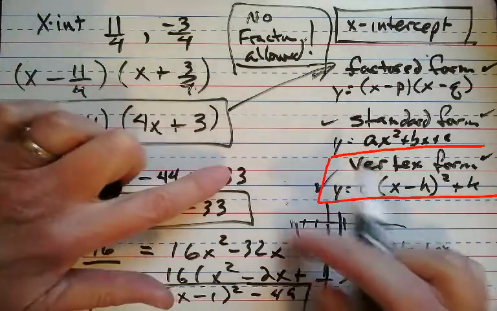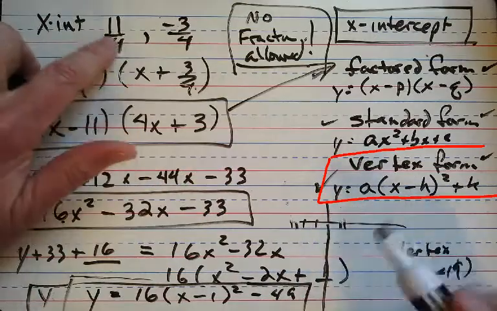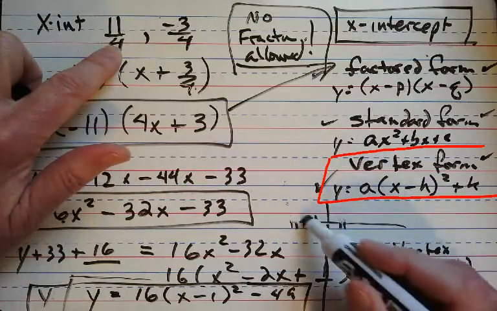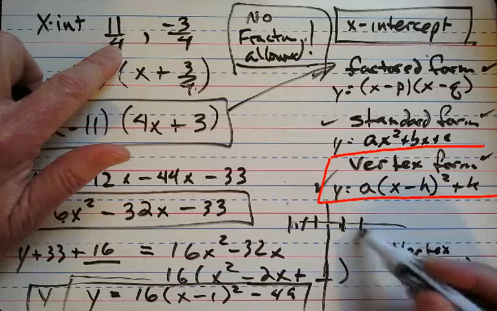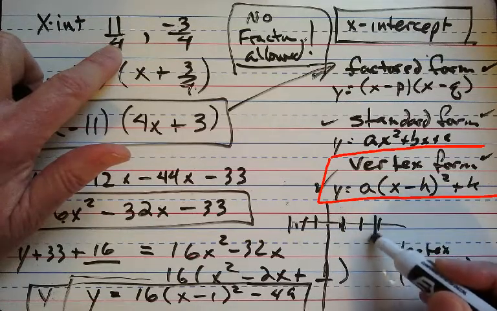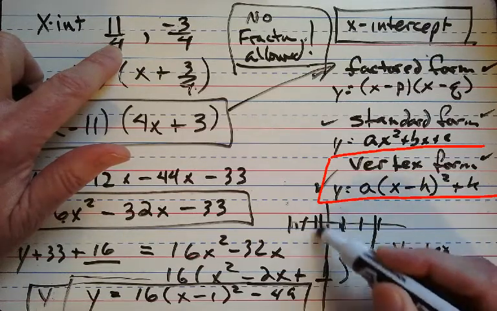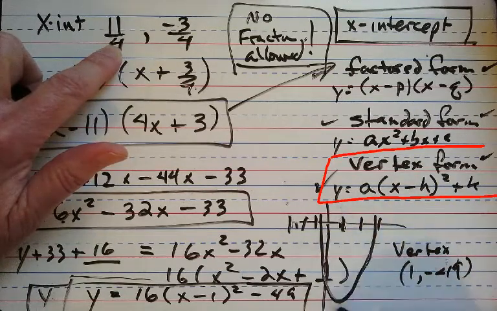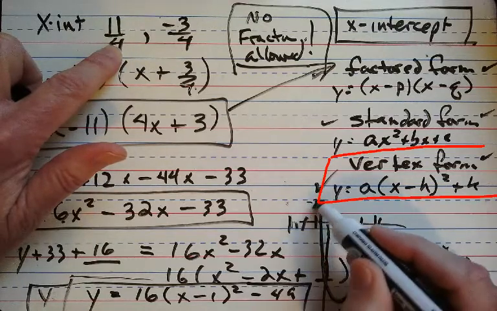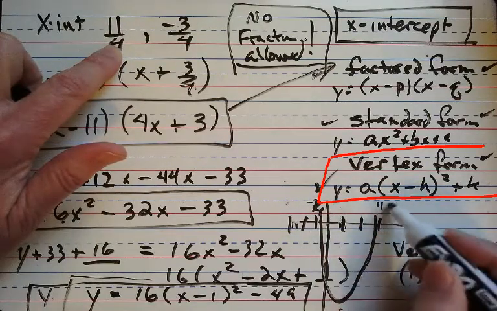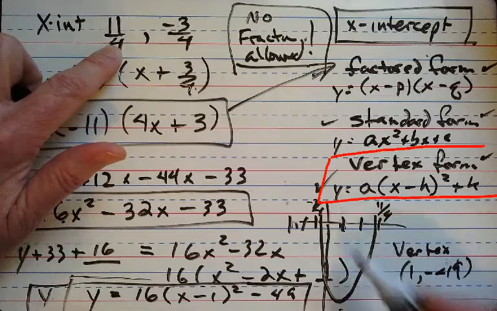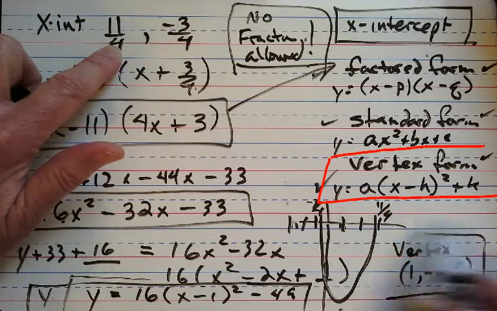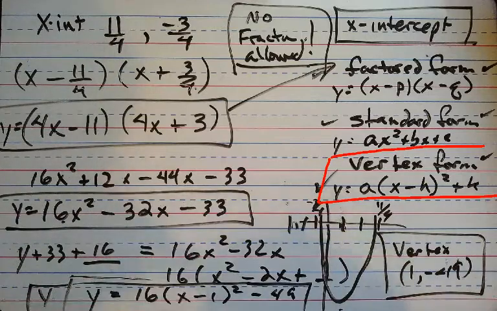Well, I put it in the wrong place. Okay, 1, 2, 3. Okay, this one's right here. That one's right there. And that makes sense. Yep. 1, negative 49. I can live with that. This one's negative 3/4. This one's positive 11/4. Yeah. And then one's right in the middle. I agree. Ta-da. Okay. We did it.